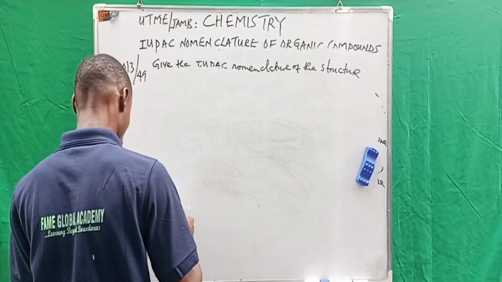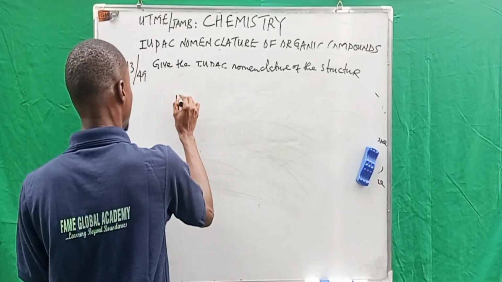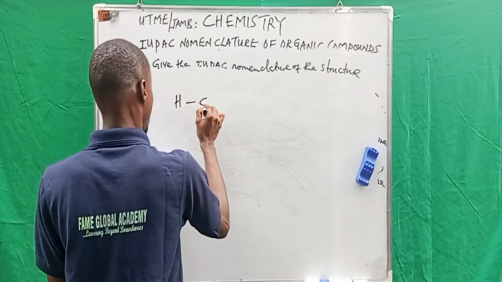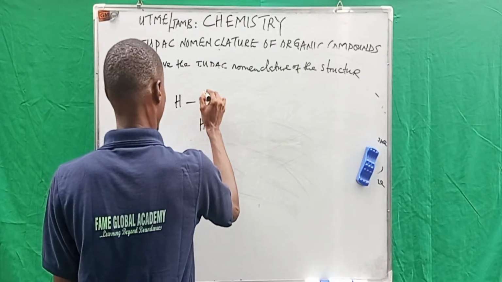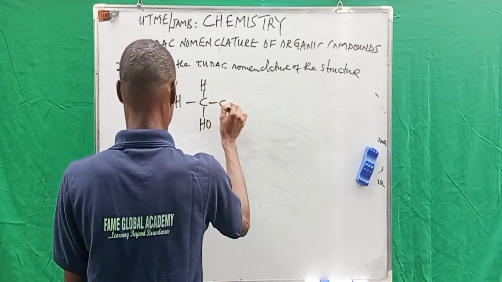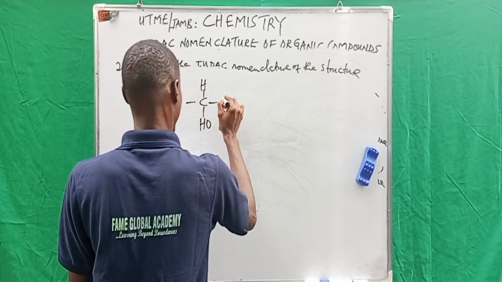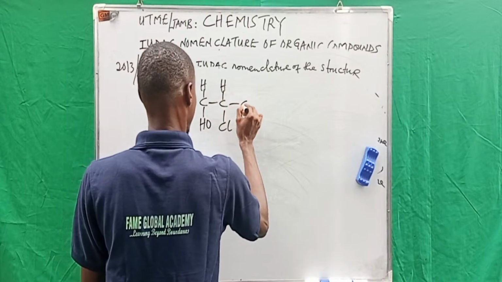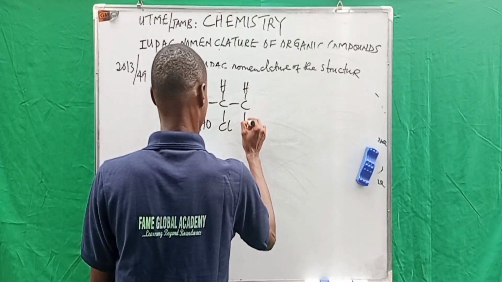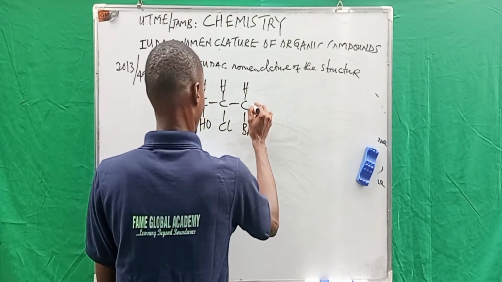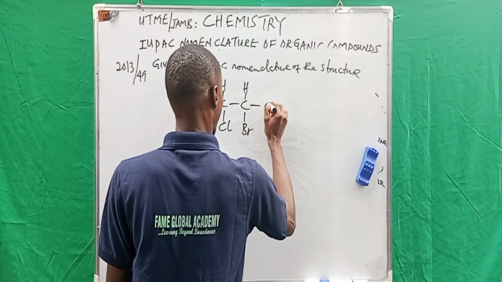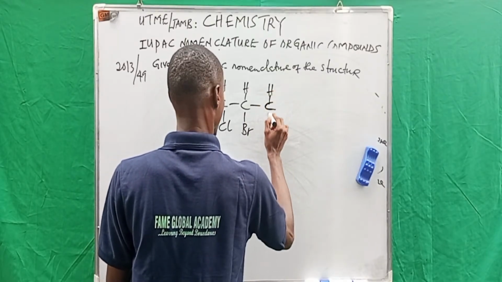So we have another structure here. We have HCHO, HCCl, HCHBr, then we have CHH.